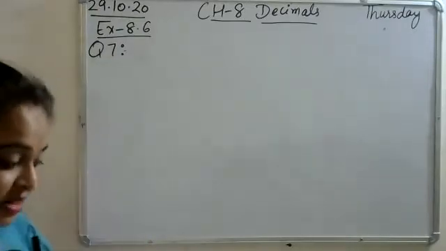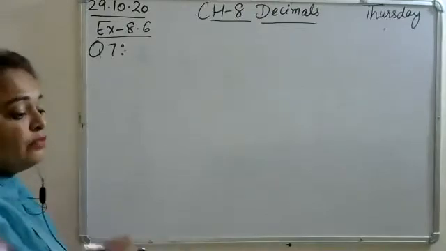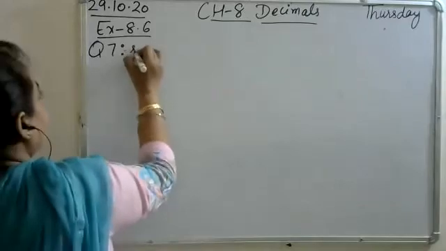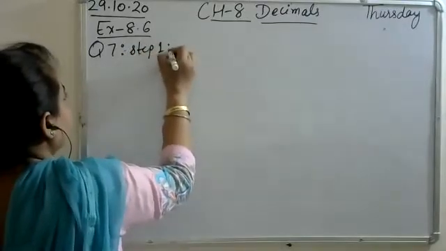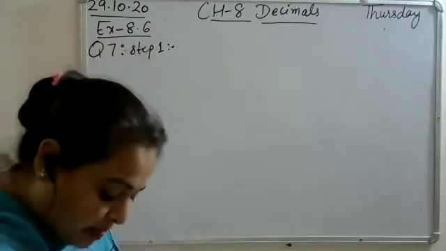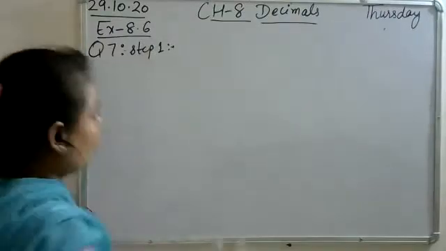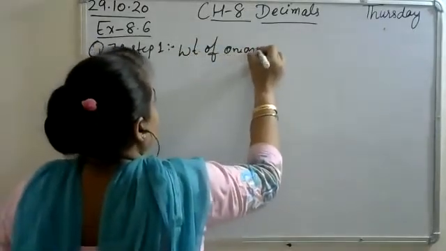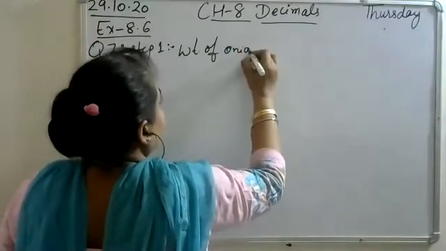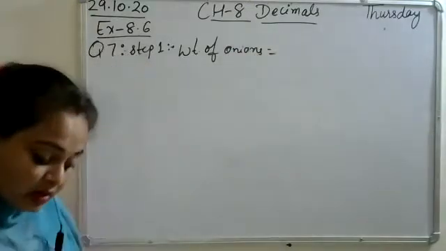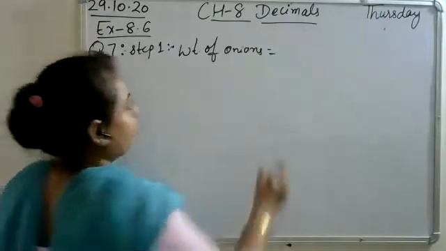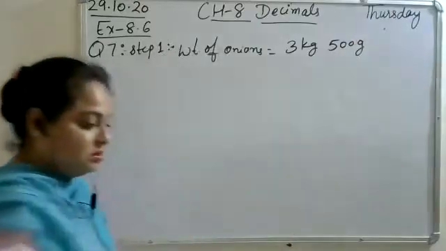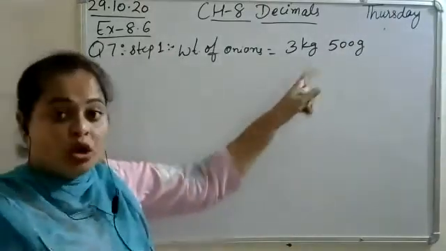Now, in the first step, we will solve this sum in 2 steps. So first of all, step number 1. In the step number 1, you will write weight of onions. What is given? 3 kilogram 500 gram. What is the first step to solve this?